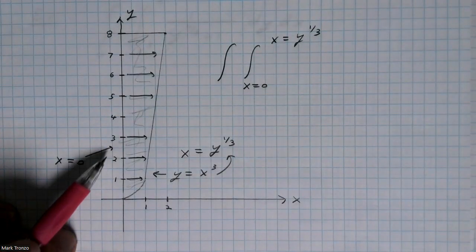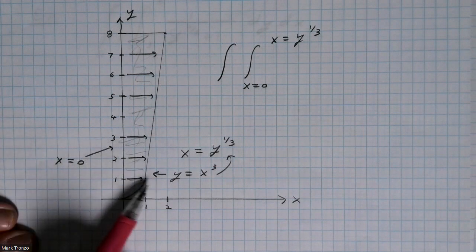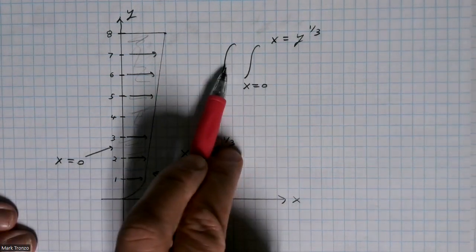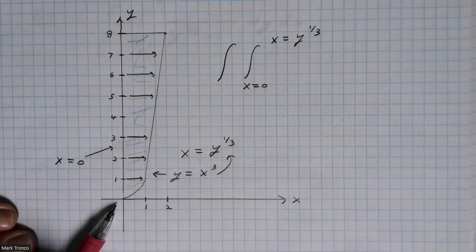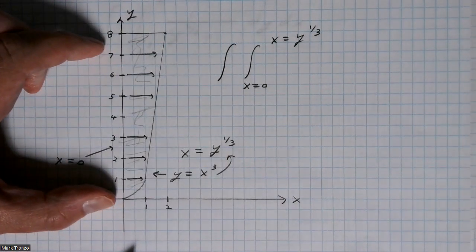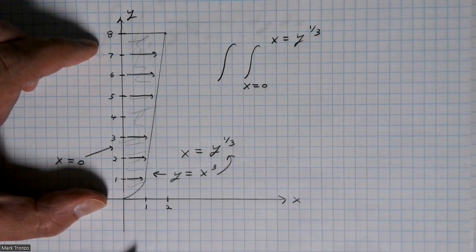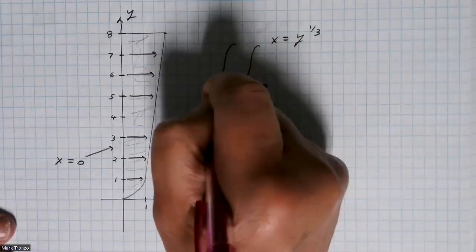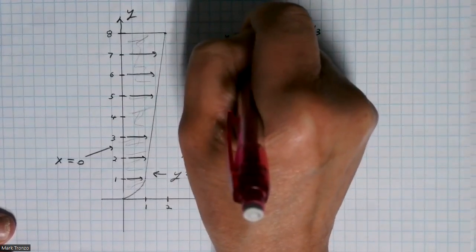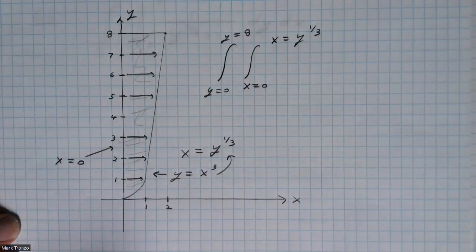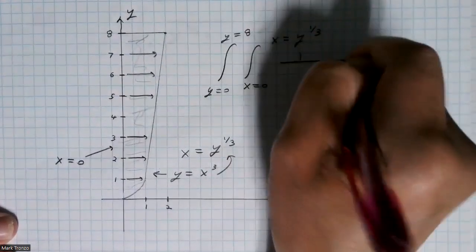And then we need to figure out what the bounds on y are. And so y is covered from y equals 0 to y equal 8. And let's put the integrand back in here.